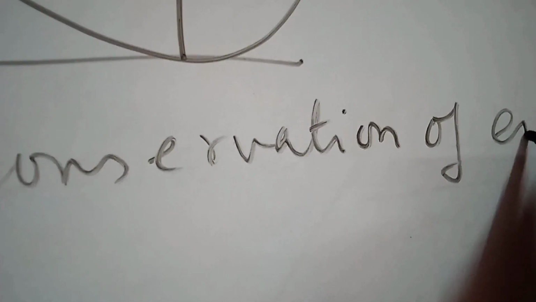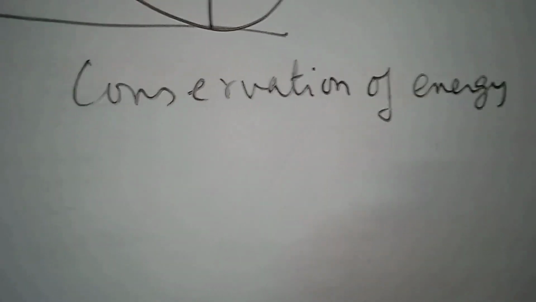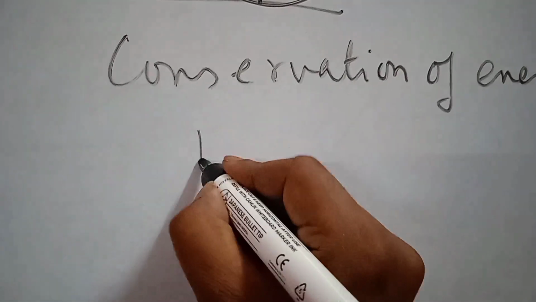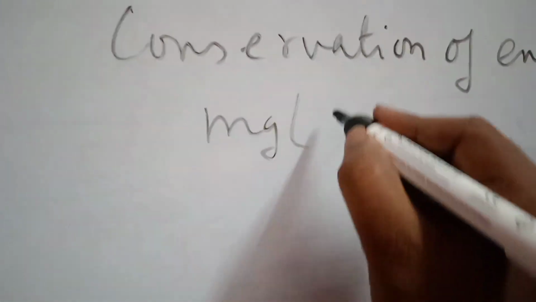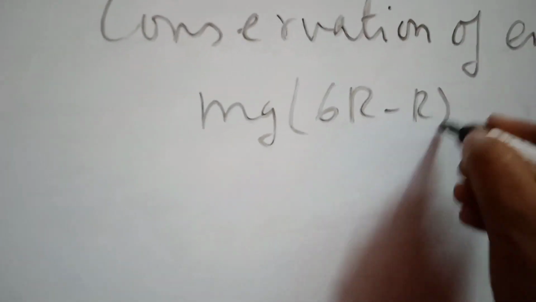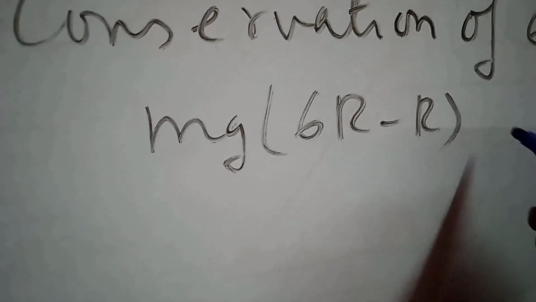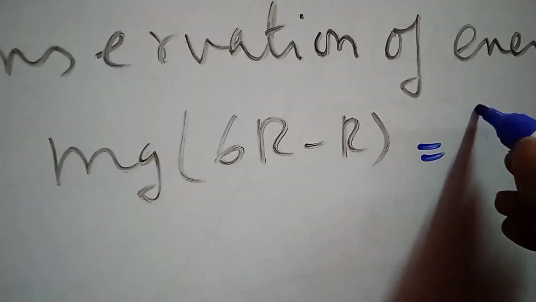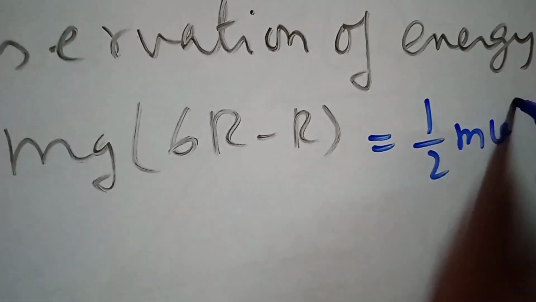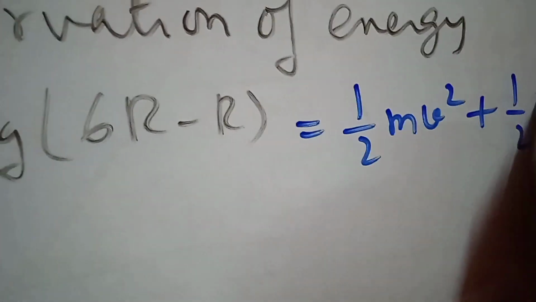So according to the conservation of energy, what we need to say: mg into 6r minus r equals half mv square plus half I omega square.